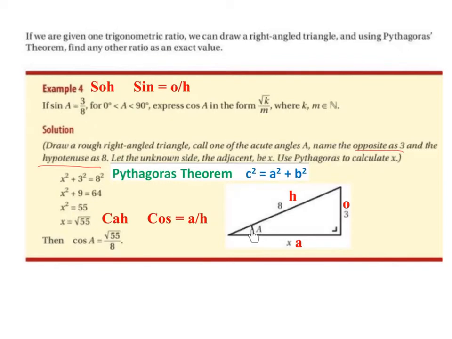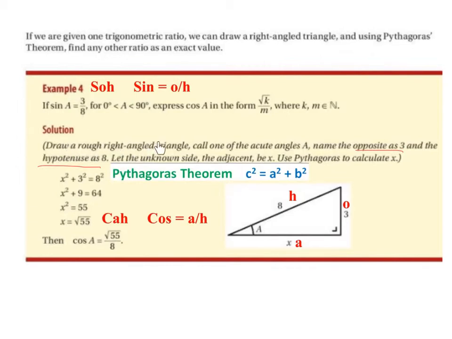And the denominator is H. So the denominator, which is 8, is going to be the hypotenuse. So the other side left over is going to be labelled as A, which stands for adjacent. And we can also call it X because it's an unknown side.